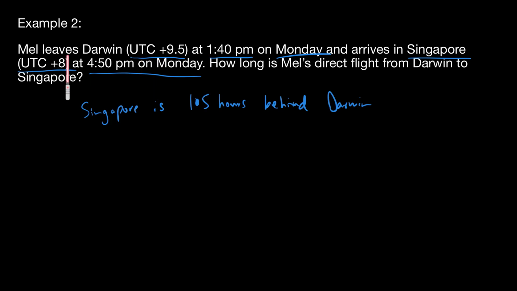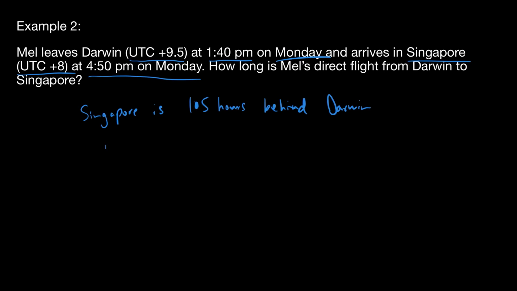It's saying Mel leaves Darwin at 1:40 p.m. on Monday and arrives in Singapore at 4:50 p.m. on Monday. What I'm going to do is convert that 1:40 to Singapore time, and that should help us identify how long that flight is. So 1:40 p.m. minus 1.5 hours, and that's going to be 12:10 p.m. Singapore time.